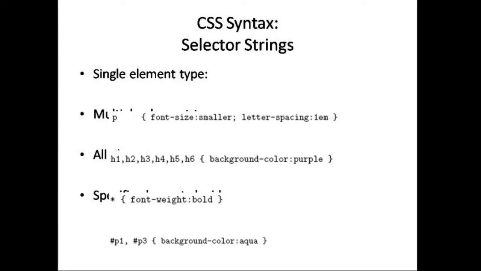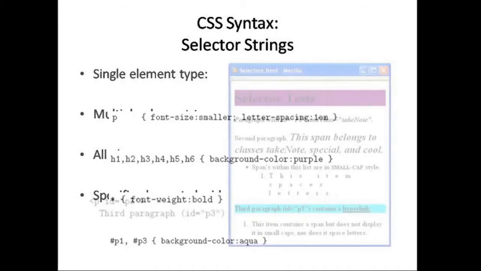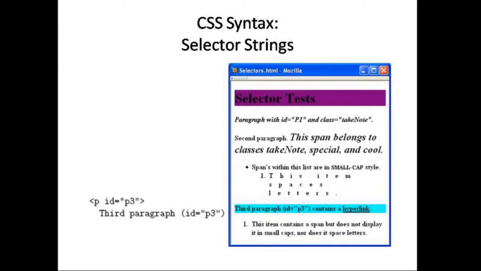Okay, and suppose for the paragraphs specified by p1 and p3, we can do that by providing a hash and then the paragraph ID, and then we can provide the background color to be aqua. What we have done over here is you can see this paragraph has its background color aqua, and its ID is p3 over here.